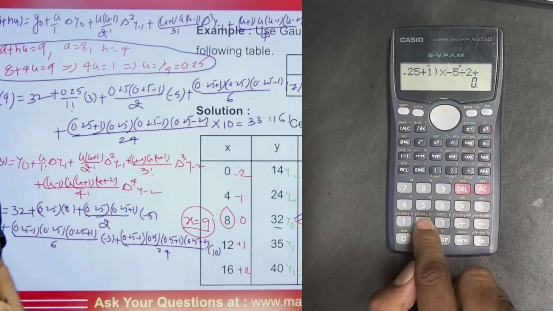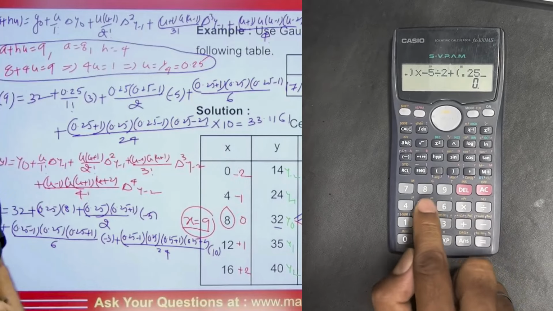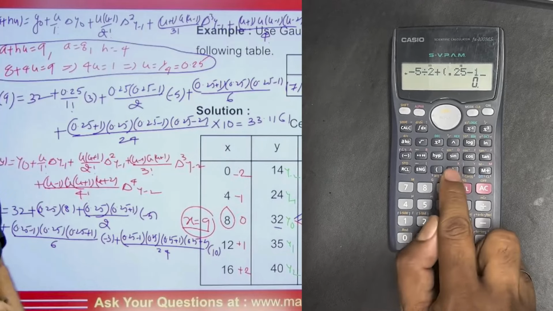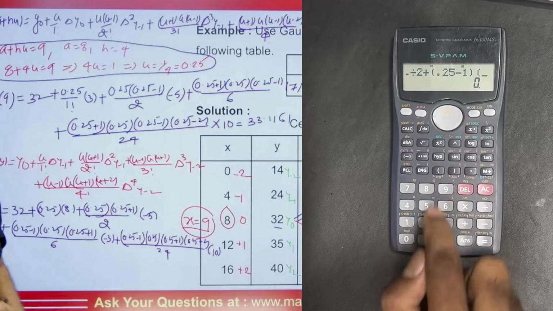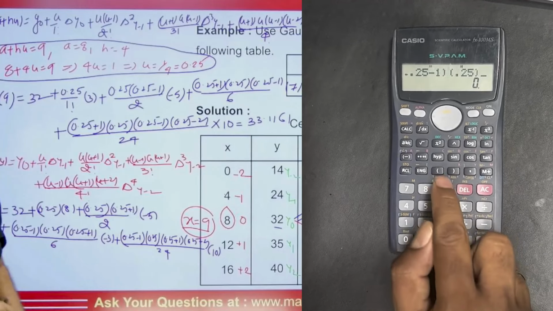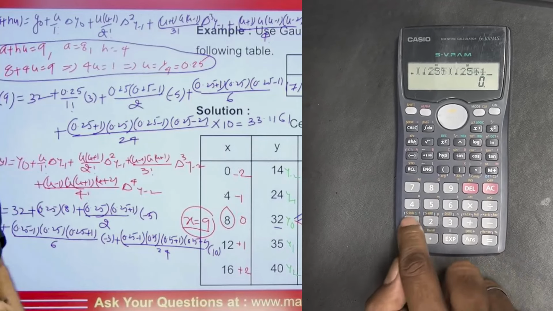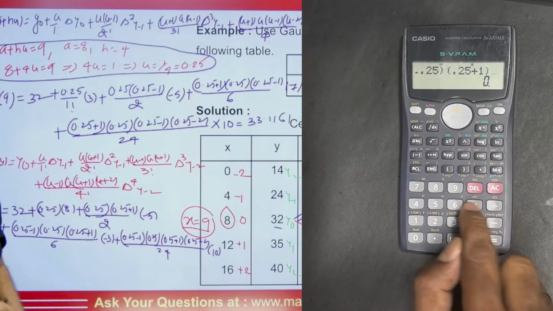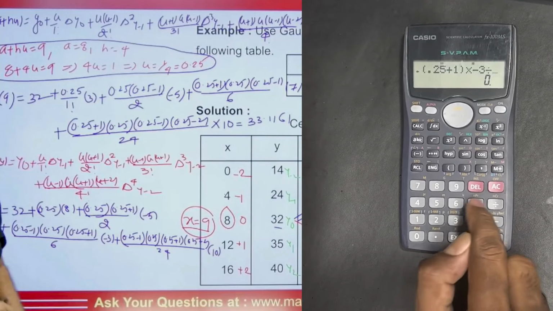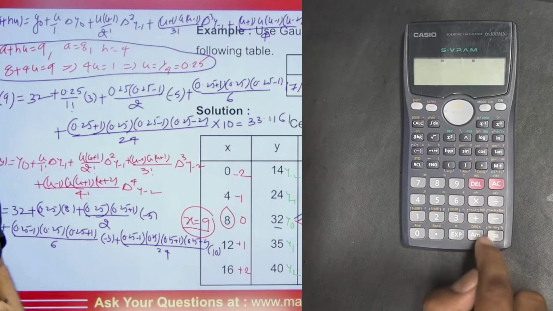Then it will be 0.25 and minus 1. Then the bracket will be closed. Okay, students? Bracket open, 0.25, bracket close. Then again bracket open, 0.25, bracket close, and then in the bracket it will be plus 1, then bracket close. And now press into, then minus 3 divided by 6.